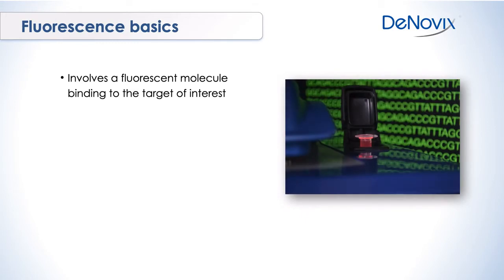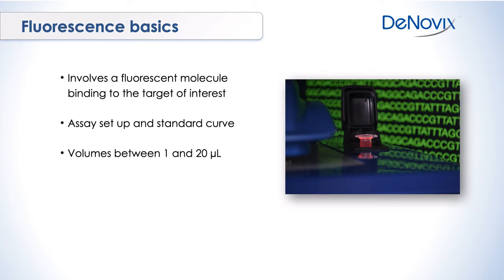So the contrast with fluorescence is that when we use fluorescence assays, it involves a fluorescence molecule binding to the target of interest. So we have to set up an assay, and this requires us to set up a standard curve alongside that assay. Volumes are generally variable because there are many different assays available.